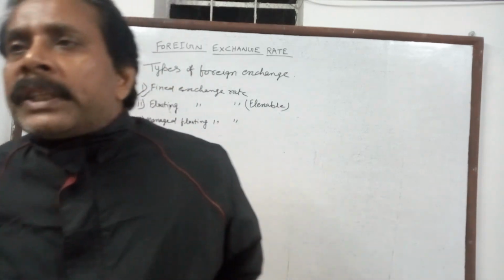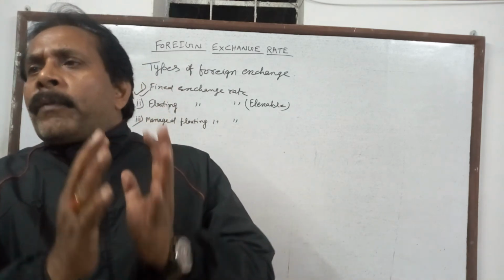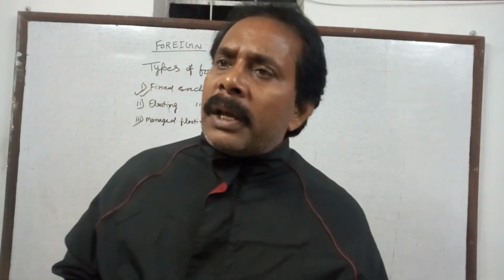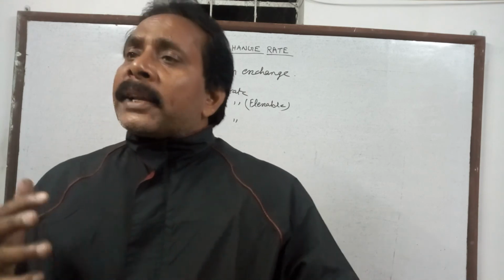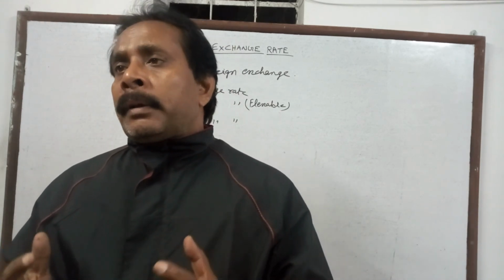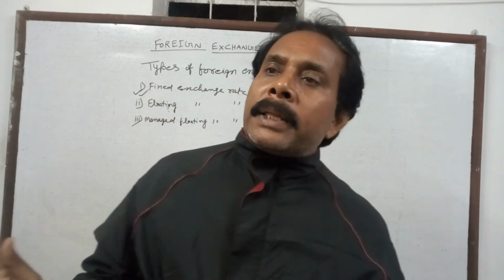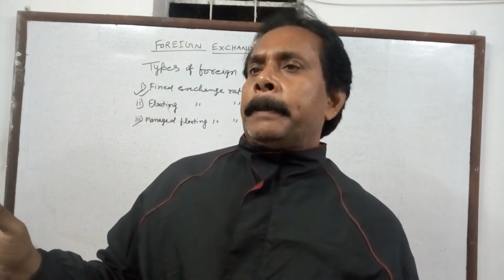The fixed exchange rate is a system in which exchange rate of foreign currency is fixed by the government. Is it clear? Fixed exchange rate is a system in which exchange rate of a currency is fixed by the government. That is the simplest definition.